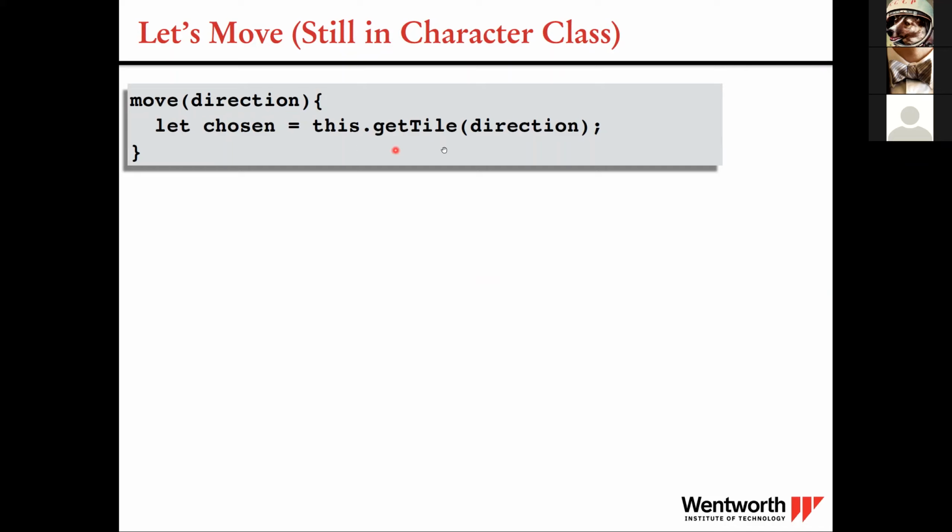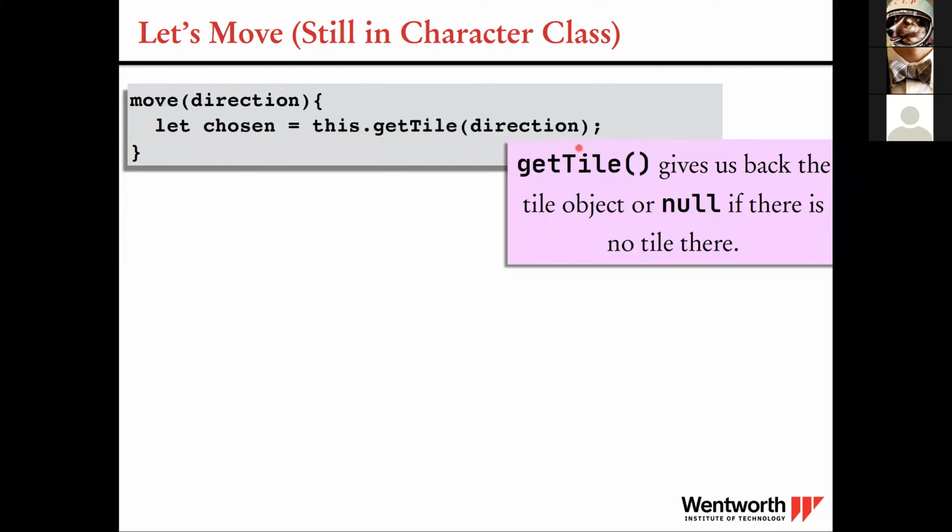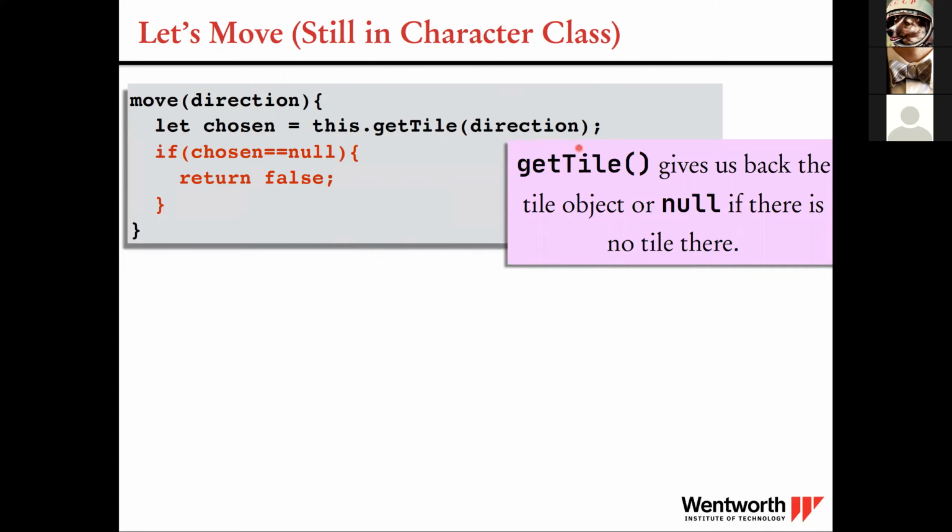We're going to use a method that I've already written for you called getTile. getTile just looks in the particular direction that you want to move, and it gives you back a tile object if you can move there, or it gives you back null if there is no tile in that location. So chosen is going to be a tile itself or null. If it's null, then we're just not going to do anything. We're essentially just going to return from this move method. So if chosen is null, then we're done.